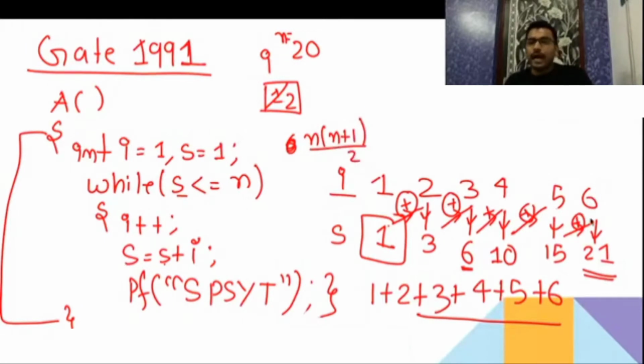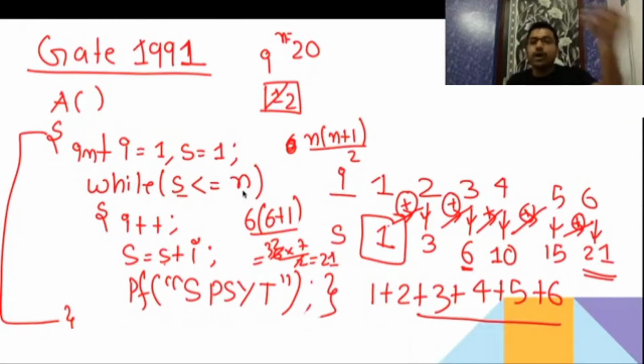So here I executed for 6 times, so 6 into 7 by 2, that is 21. You got 21 only. So when the sum of the i, over the number of times the iteration happened, is greater than n, then it will go out of the loop.